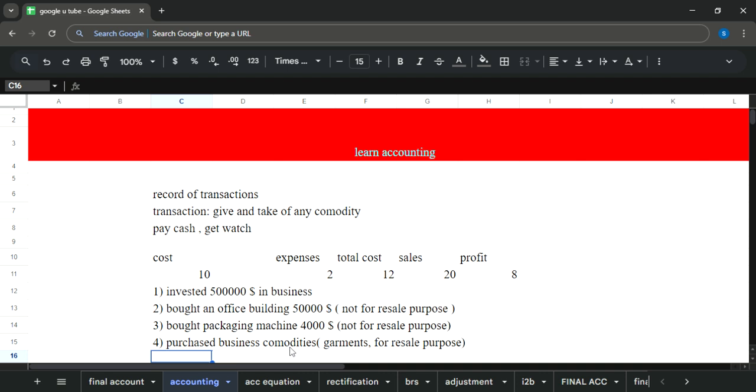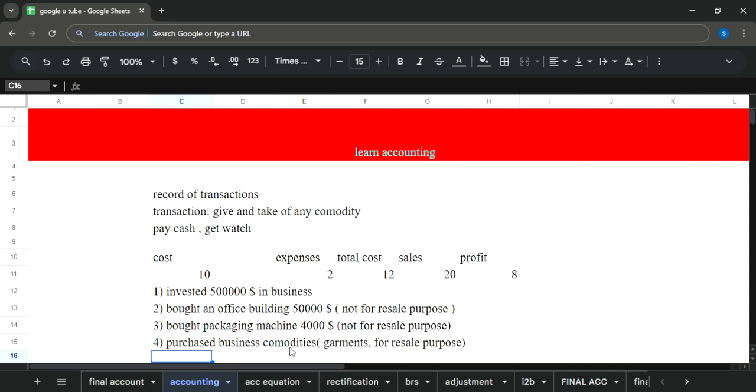Why we are calling it goods, commodities, or merchandises? Because you have bought them not to keep them for a longer period of time. You have bought these commodities for resale purpose. It means you will buy, will repack them, will add some value in these commodities, and after adding value, you will sell them.